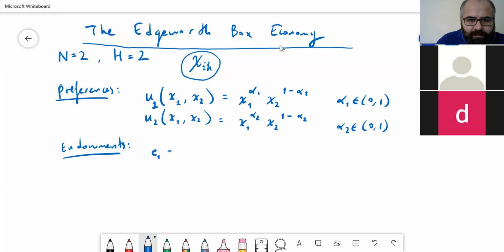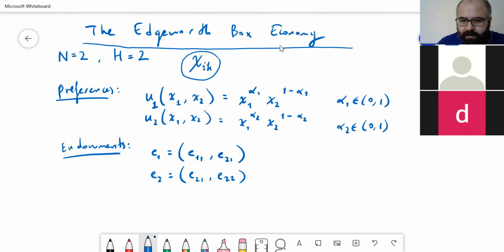The first consumer has E11, E21, and the second consumer has E12, E22. Then we have prices, P1 for the first good and P2 for the second good. We're going to look at, of course, the cases of positive prices.